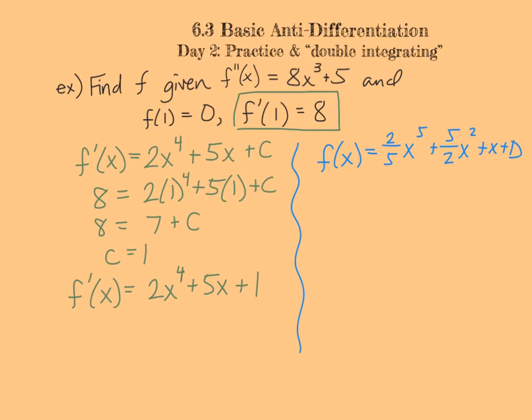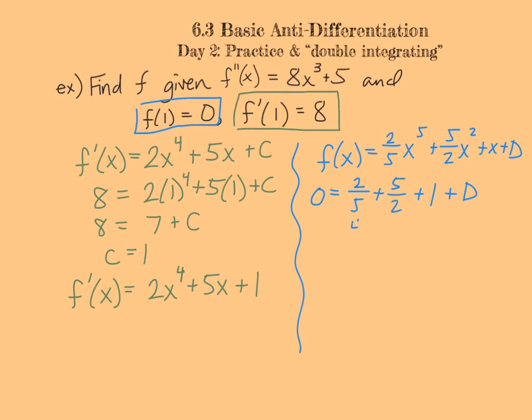Okay, now we're going to use some information given. We're going to use this piece of information that says when we input a 1, we output a 0. So we're outputting a 0, and we're inputting a 1. This is just going to be times 1, so 2/5 plus 5/2 plus 1 plus d. Okay, getting a common denominator of 10 here.